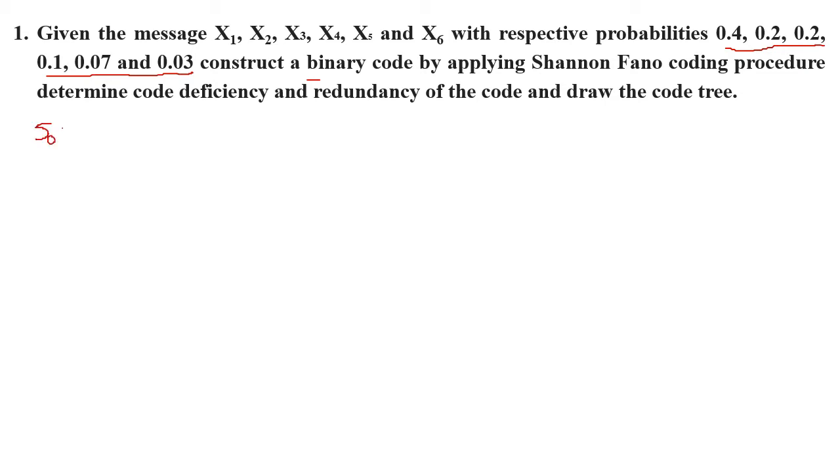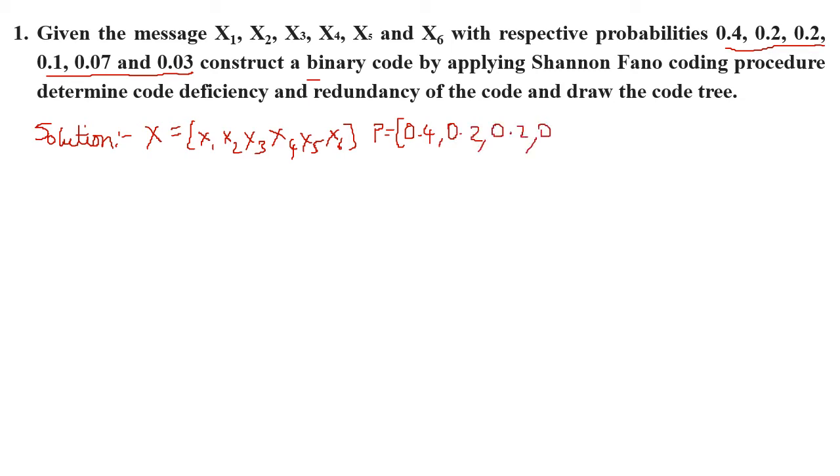So we'll try to find the solution and apply the Shannon-Fano algorithm. The messages are x1 to x6 and the respective probabilities P are 0.4, 0.2, 0.2, 0.1, 0.07 and 0.03.